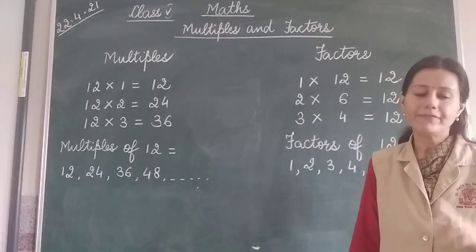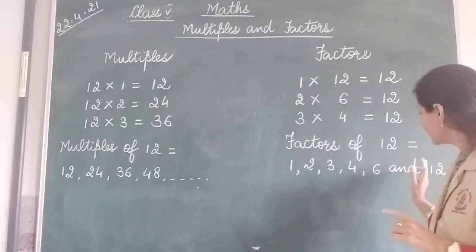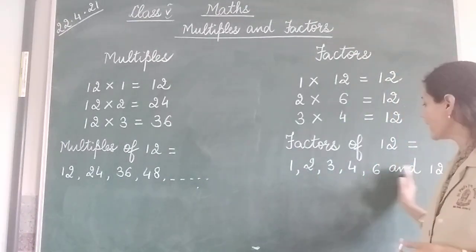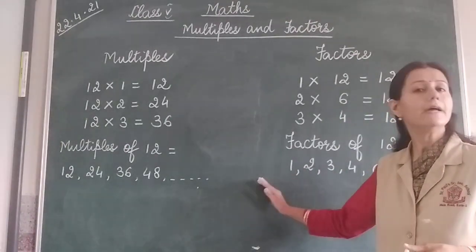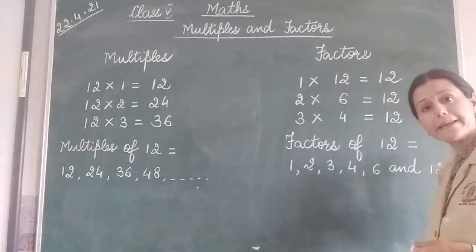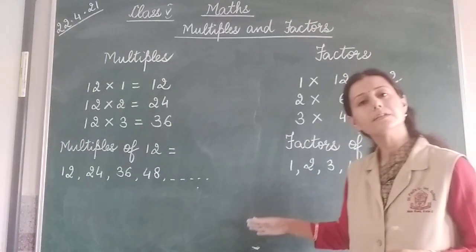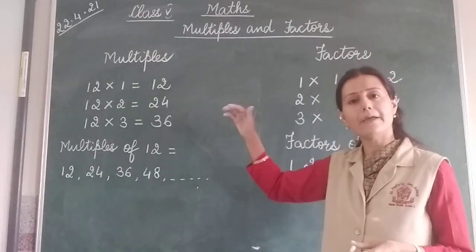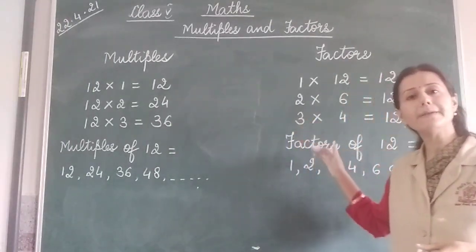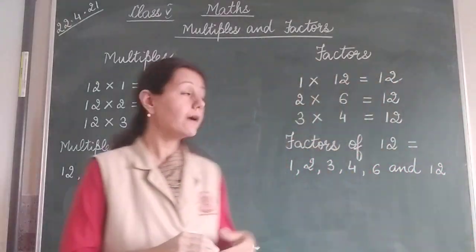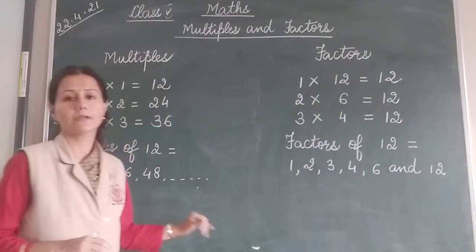None of the factors of 12 is greater than 12. Multiples are greater and factors are smaller. I hope now you have understood what are multiples and what are factors, and the properties also. Beta, copy it down.